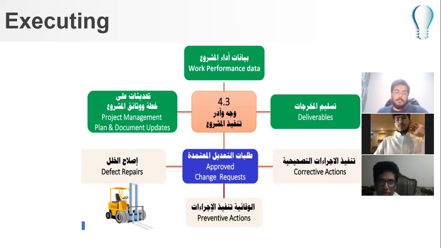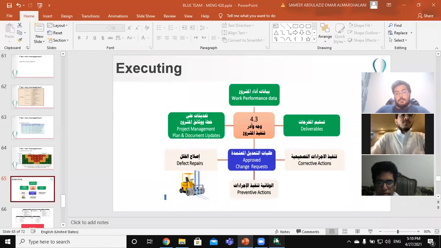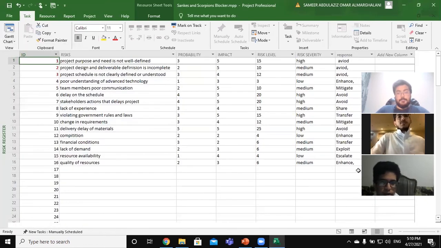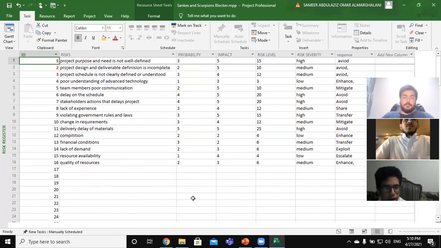Let's go to the MS project. Go to the risk register. Here we have all the risks. We have more than 16 risks. We have the probability, impact, risk level, risk severity, and the response.